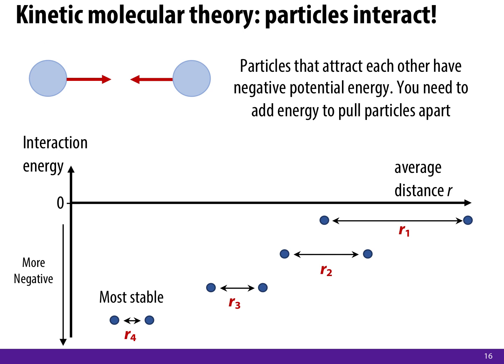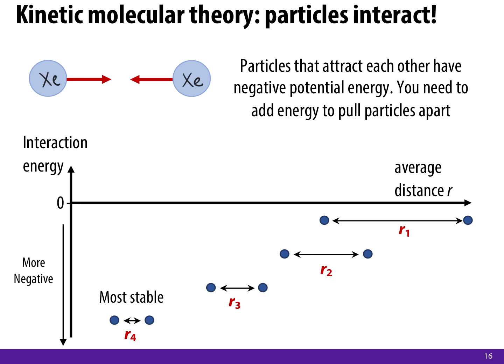Again, these two particles here are a little bit far apart. They could be any particles. Maybe I'll call them xenon atoms just to give an example, but they could be molecules or ions, say. They're attracted together, and so they can lower their energy by coming closer. If they start far apart, we can lower our energy until we get to this most stable point where attractive and repulsive forces balance.